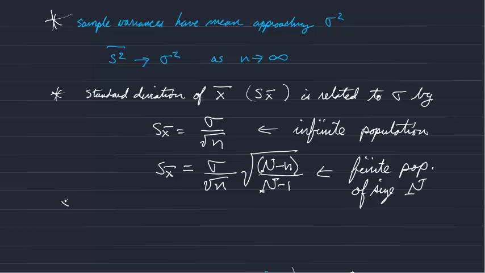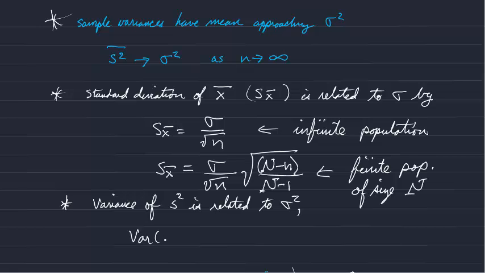And then the last relationship is that the variance of S squared is related to sigma squared by the variance of S squared is equal to 2 over the sample size minus 1 times sigma to the 4th power.